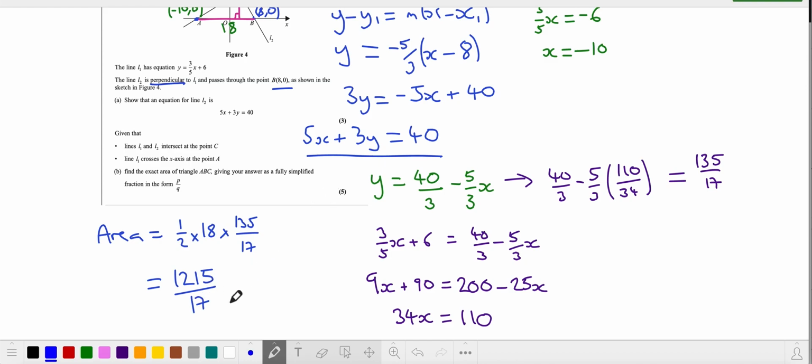Your calculator will return a fraction in its fully simplified form anyway, so you don't need to worry about that. The Casios are usually defaulted to return an answer in the form of a fraction in any case. So there we go, there's our area.